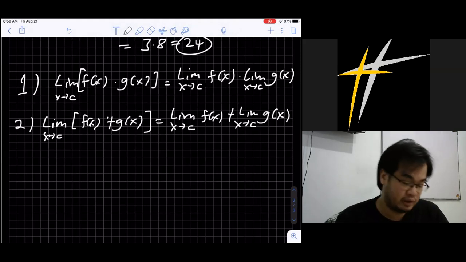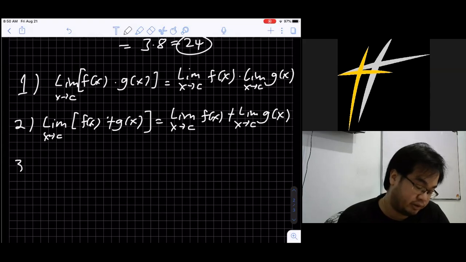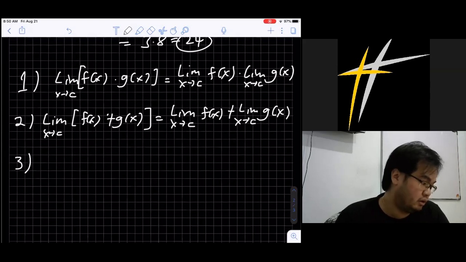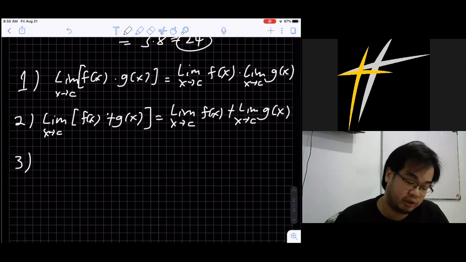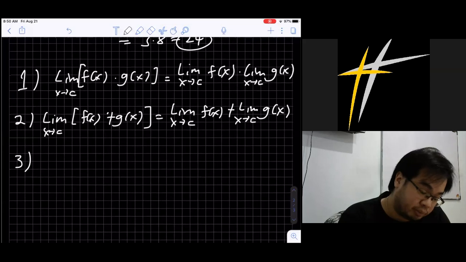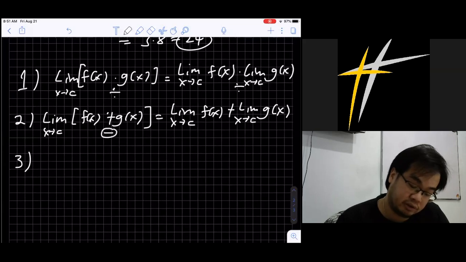The same with subtraction. Number 3, the quotient. This one I have discussed, it's the same, so I will just put it together. This is applied also for division, and this is applied for subtraction.